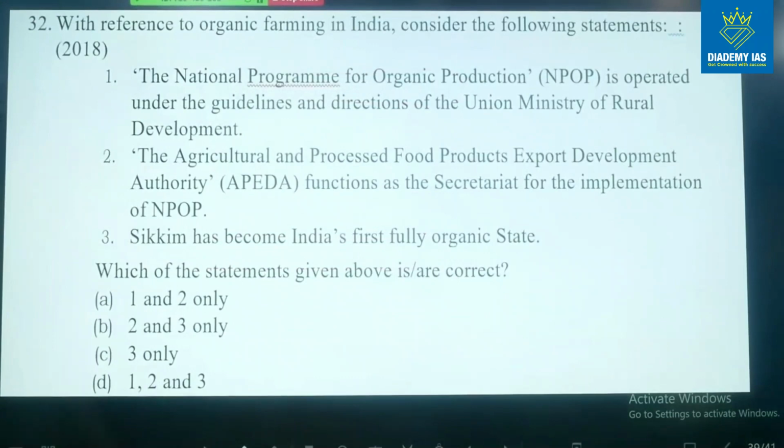Now see this question. This question is of 2018.